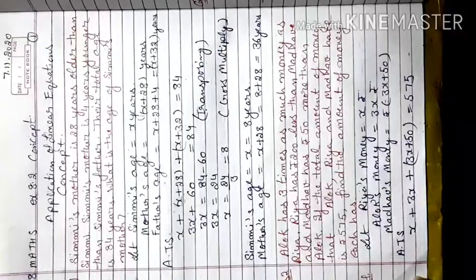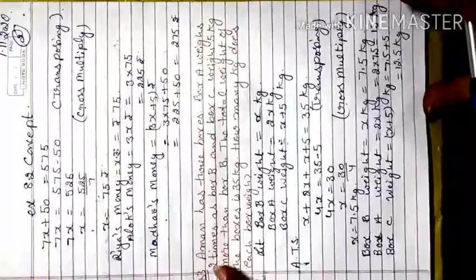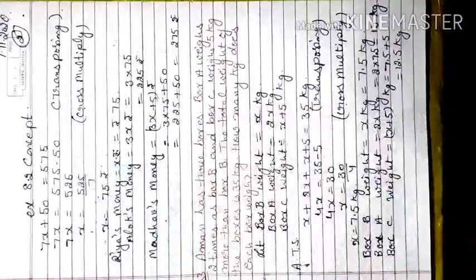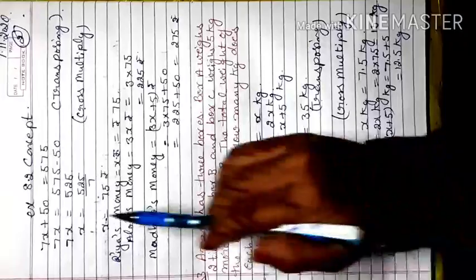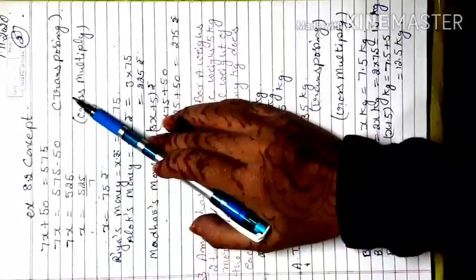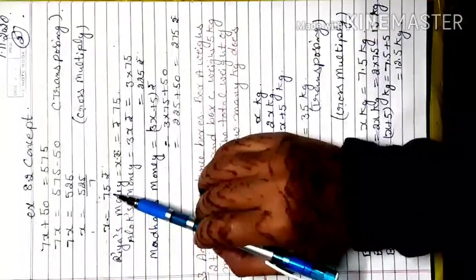Now after transposing and adding like terms, you have to find the value of x. Here 7x plus 50 is equal to 575. Then 7x is equal to 575 minus 50. After transposing and cross multiplying, 525 by 7 gives me 75.